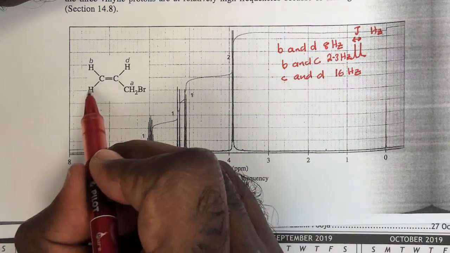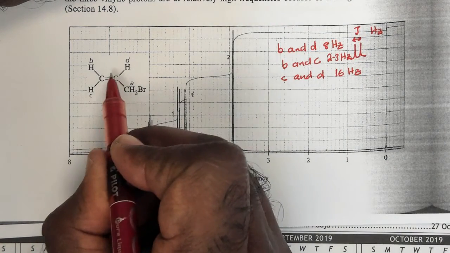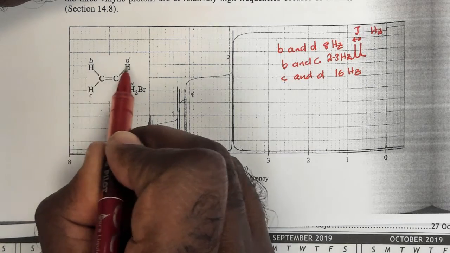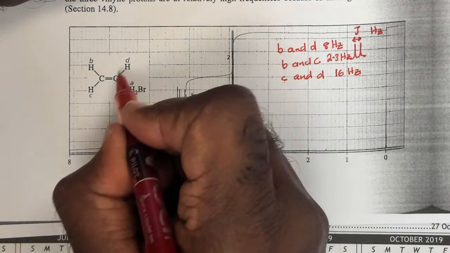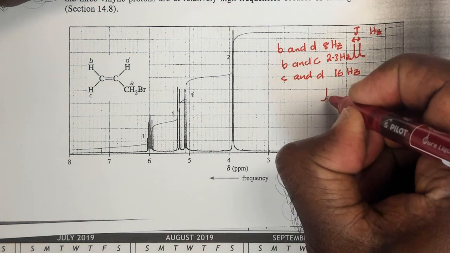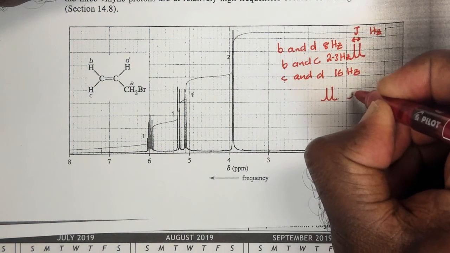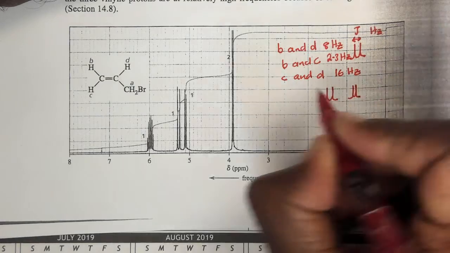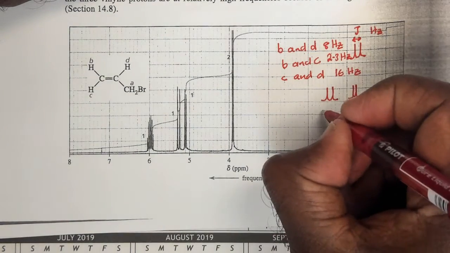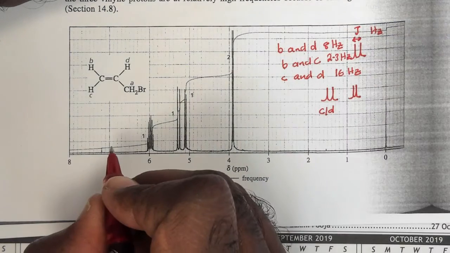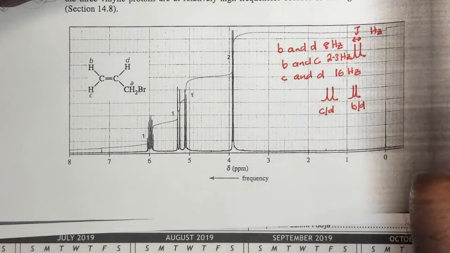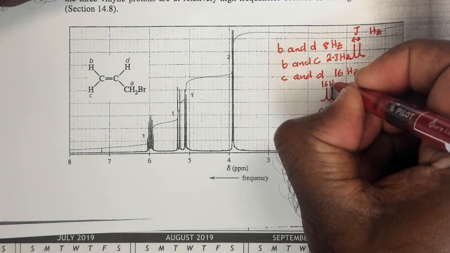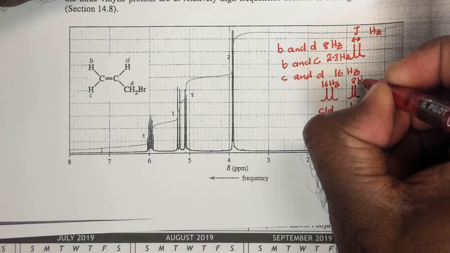And you can see that the coupling constant between these two protons is double the coupling constant of those two protons. So a doublet which arises from C and D is going to be much larger than a doublet arising from B and D. So this would be the CD coupling constant, and this would be the BD coupling constant. 16 Hertz, 8 Hertz.